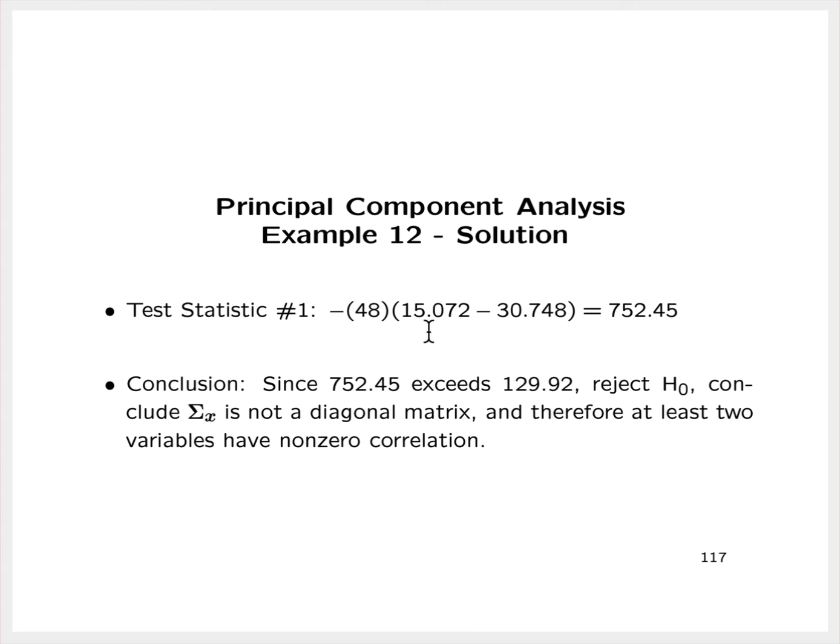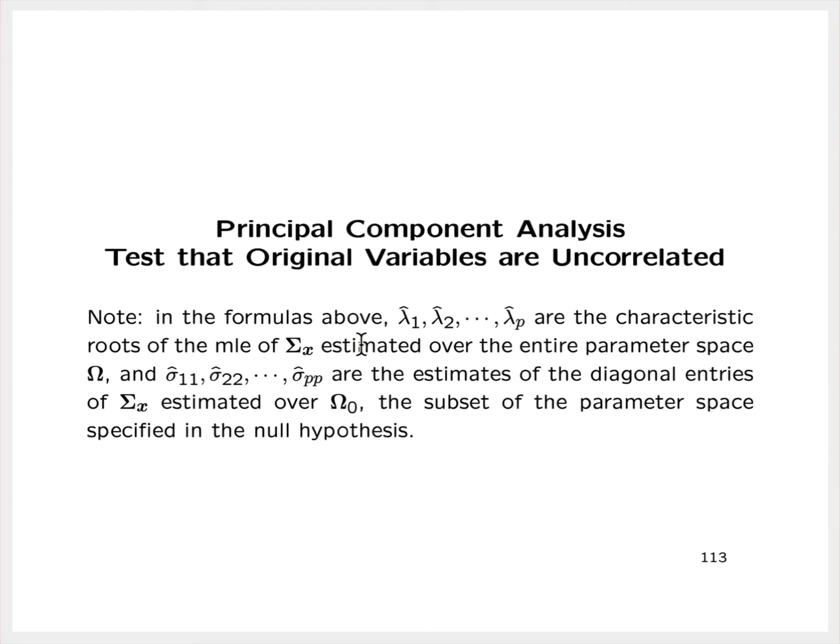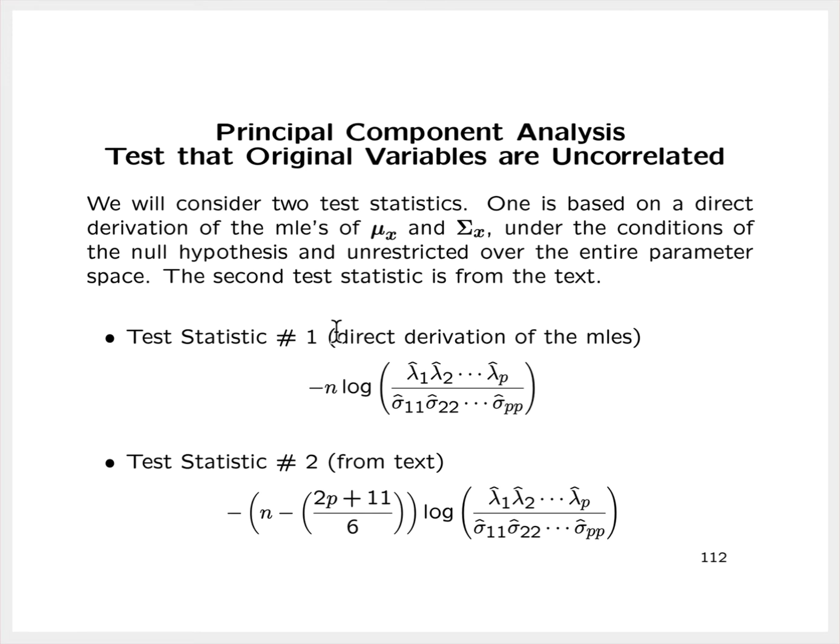So this 15.072 corresponds to the natural log of the product of the lambda hats, and the 30.748 corresponds to the natural log of the product of the sigma hats. Again, the log of the ratio is equal to the difference in the natural logs. And this value out here, 48, corresponds to the sample size. And so this is the formula that we're calculating here.